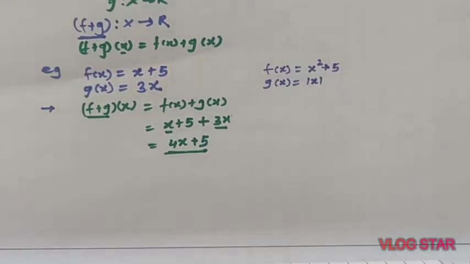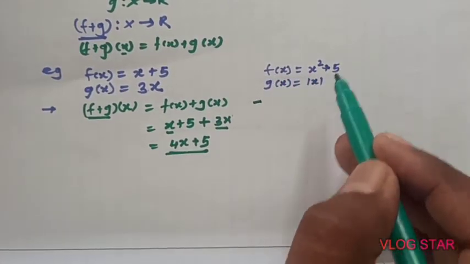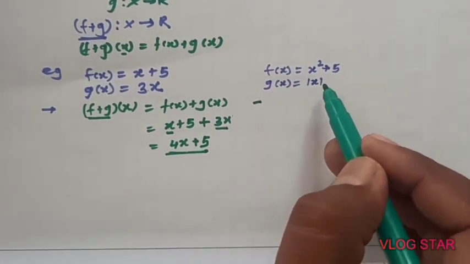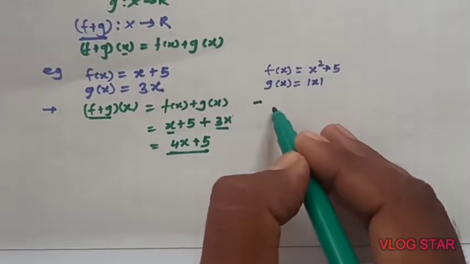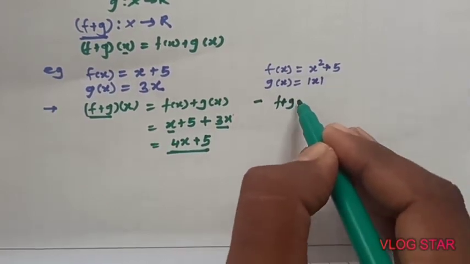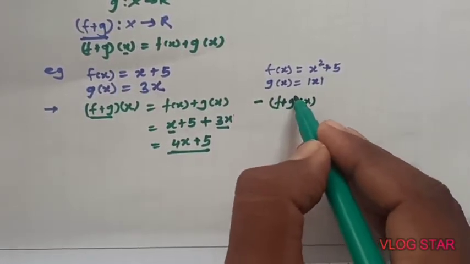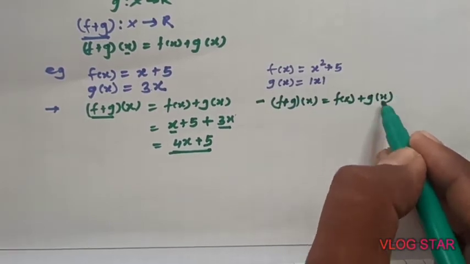Now look at this second example where f of x is x square plus 5 and g of x is modulus of x. So what is the addition of these two functions? f plus g of x is the same as f of x plus g of x.